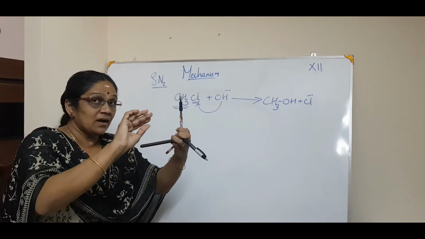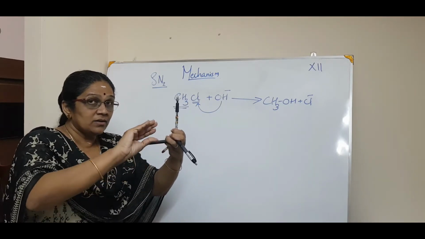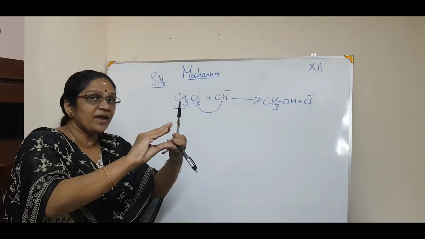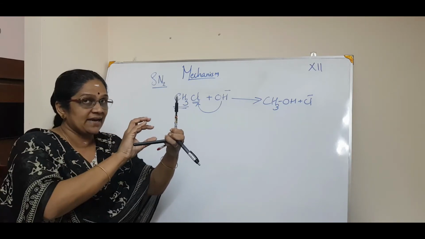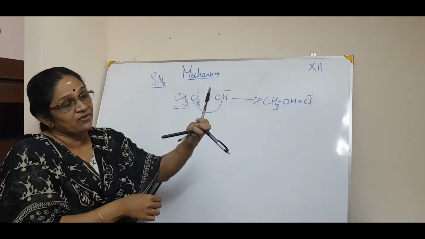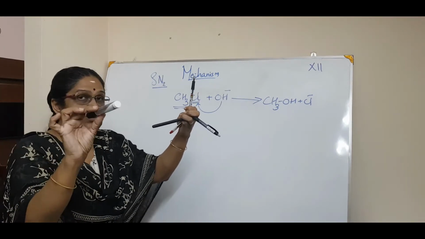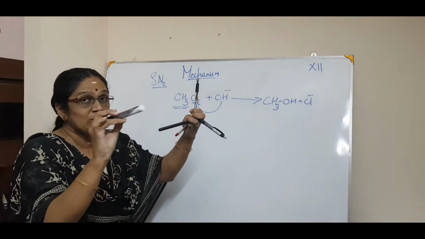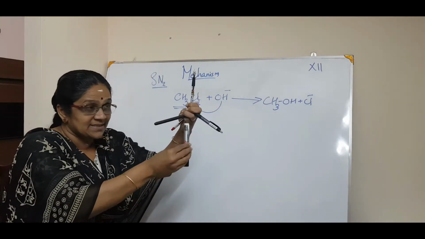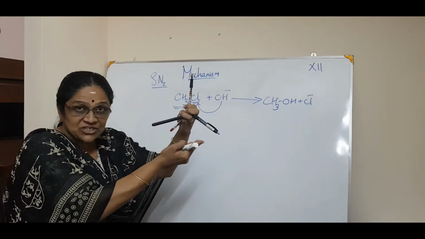Now I am picturing it in a more comfortable way in which the nucleophile can attack. If I draw like this, the nucleophile will have a chance to attack like this, isn't it? Here it is spacious.